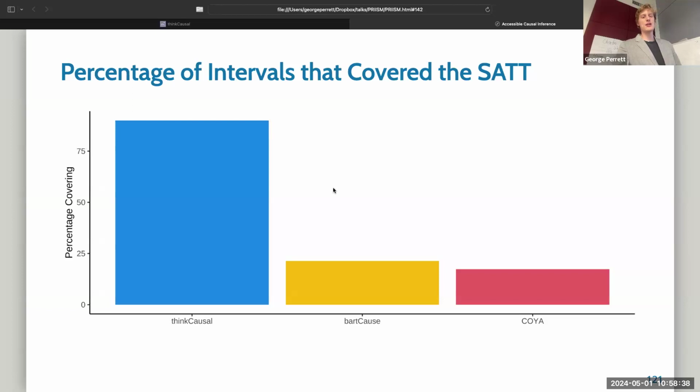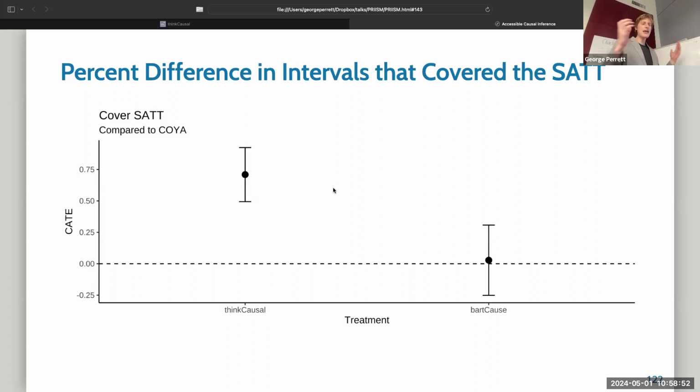Looking at the percent of intervals that covered the SATT, here we want higher. We see that about 90% of Think Causal users covered the SATT, whereas only about 20% of BART cause and choose-your-own-adventure users did. Again, Think Causal is about a 75% increase over choosing your own method and using BART cause.